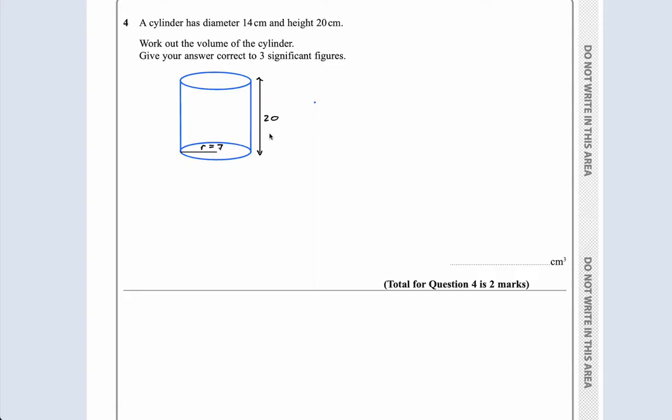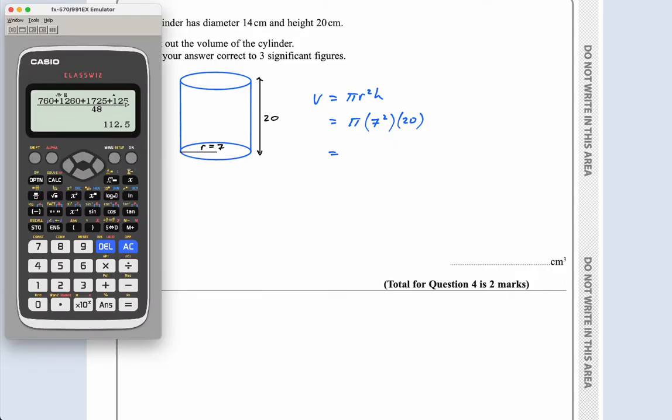Radius equals 7. Therefore, my volume equals pi r squared h, which is pi times radius squared. Radius is 7, so 7 squared times h, which is 20, and we get that. It says give your answer to 3 significant figures. I'm definitely going to use my calculator.